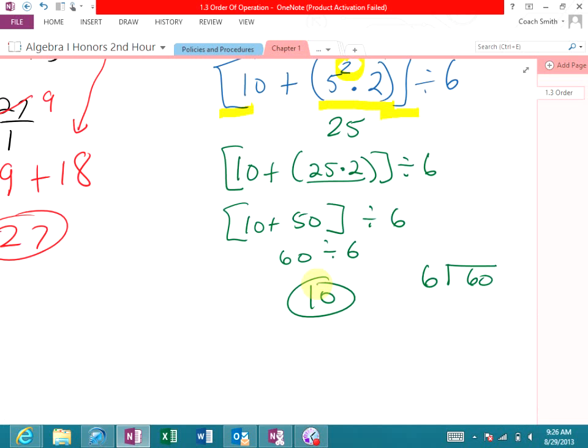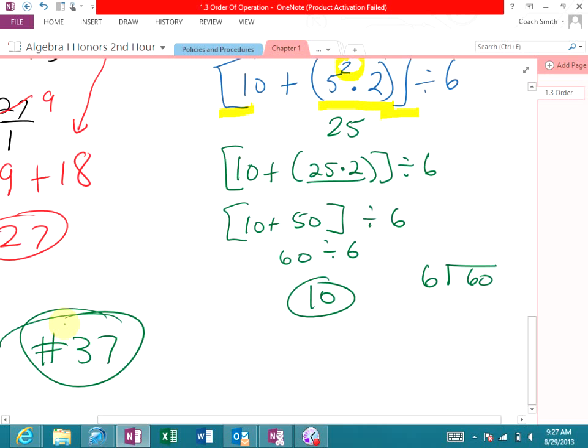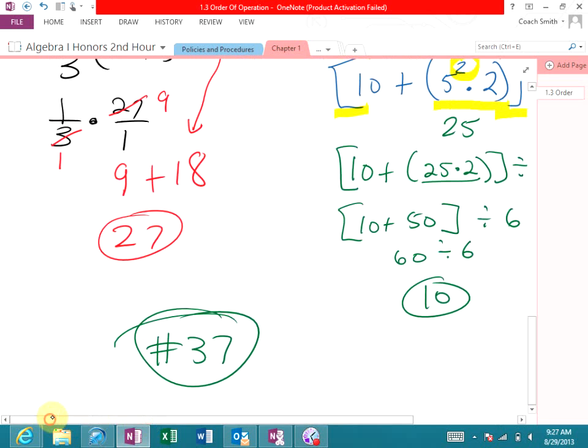Everybody look at problem number 37. Okay, look at problem number 37 and do it. And I am going to tell you that you will end up with something that's not a whole number. So don't panic if you come up with something that's not a whole number.